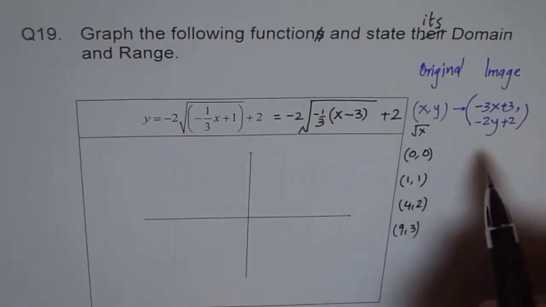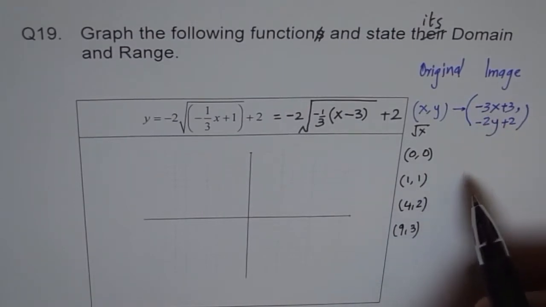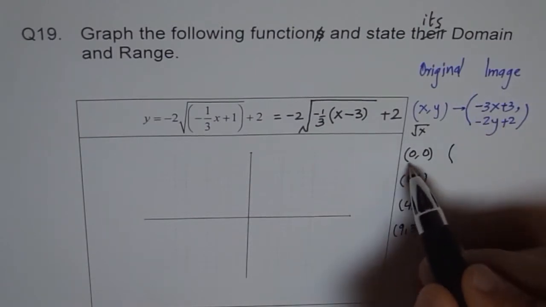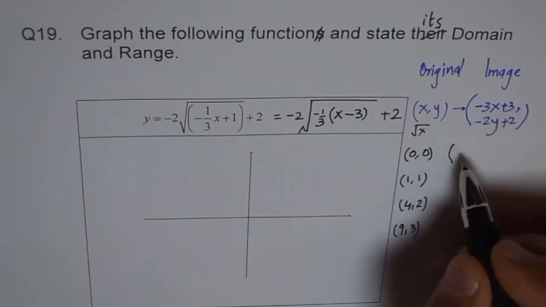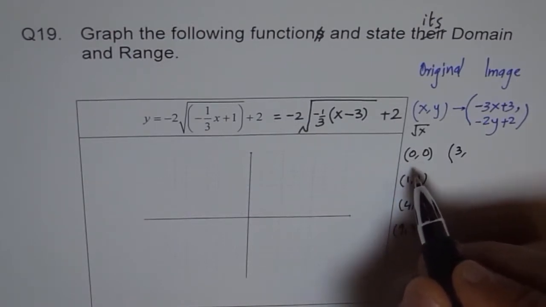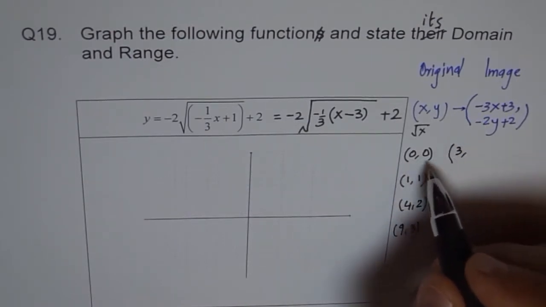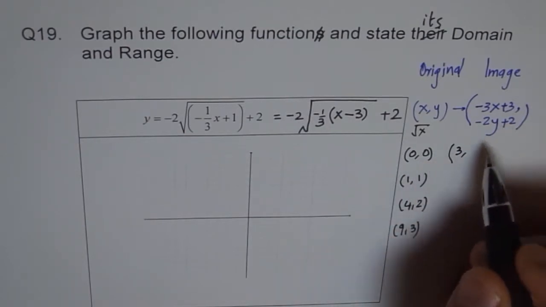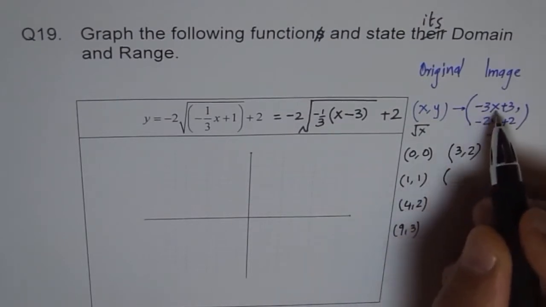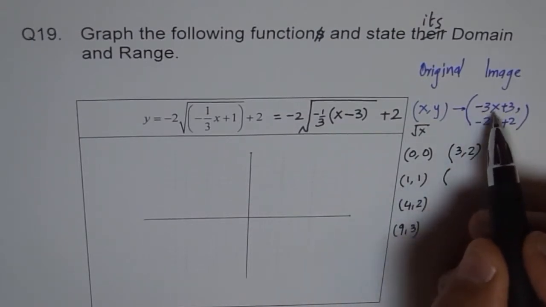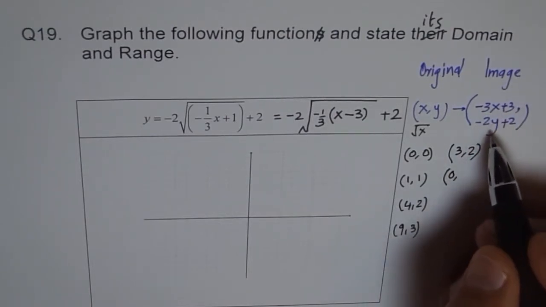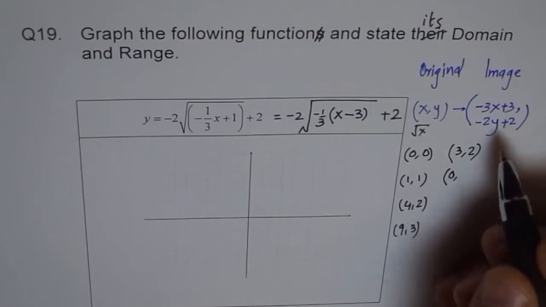Now when you transform them, you can apply this formula and get your transform points. If I do minus 3 times 0, it remains 0, and we get 3. So the 0, 0 point, the vertex or corner point of your square root, changes to 3, 2. If I plug in 1, minus 3 times 1 is minus 3, minus 3 plus 3 is 0, and minus 2 plus 2 is also 0.